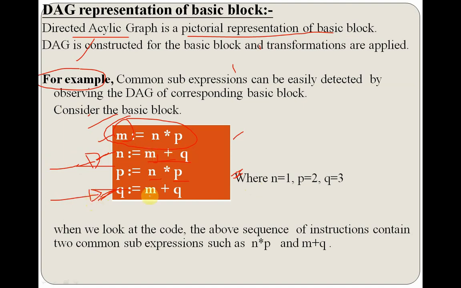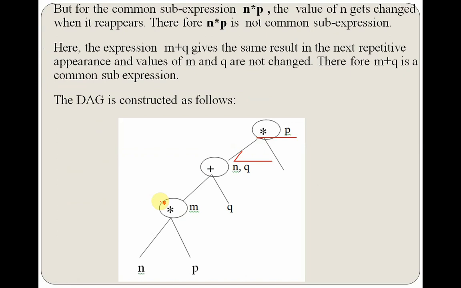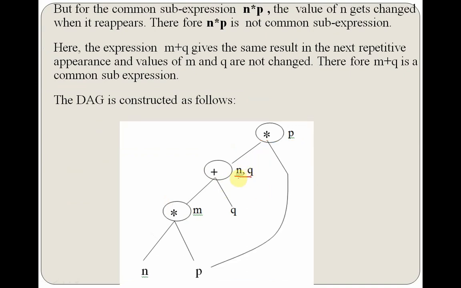So m plus q and m plus q both are said to be common sub-expressions. So the second one can be eliminated and the previous m plus q value can be used here. So that is the meaning of this construction. After construction, each parent node can have two operands. So we say that n and q are common sub-expressions, so I can eliminate one of them, whichever comes next.